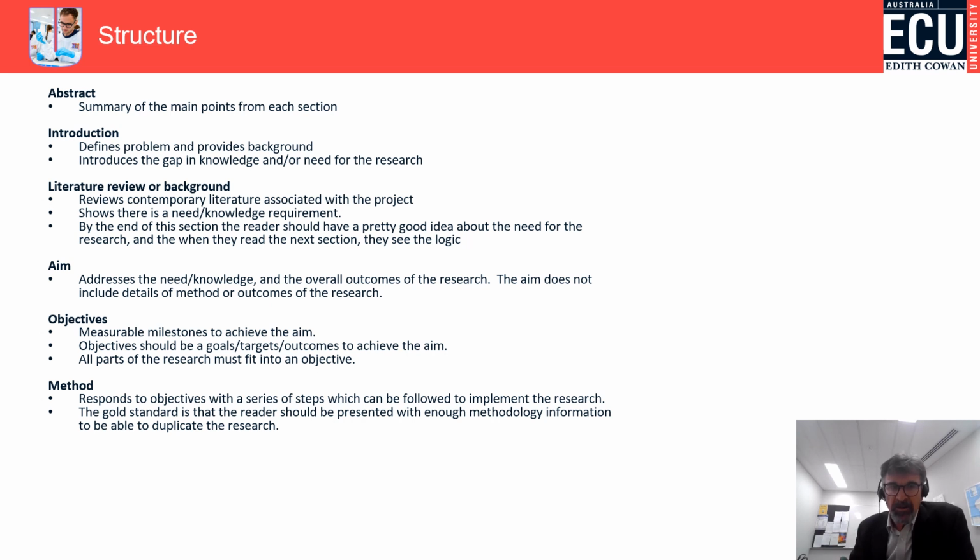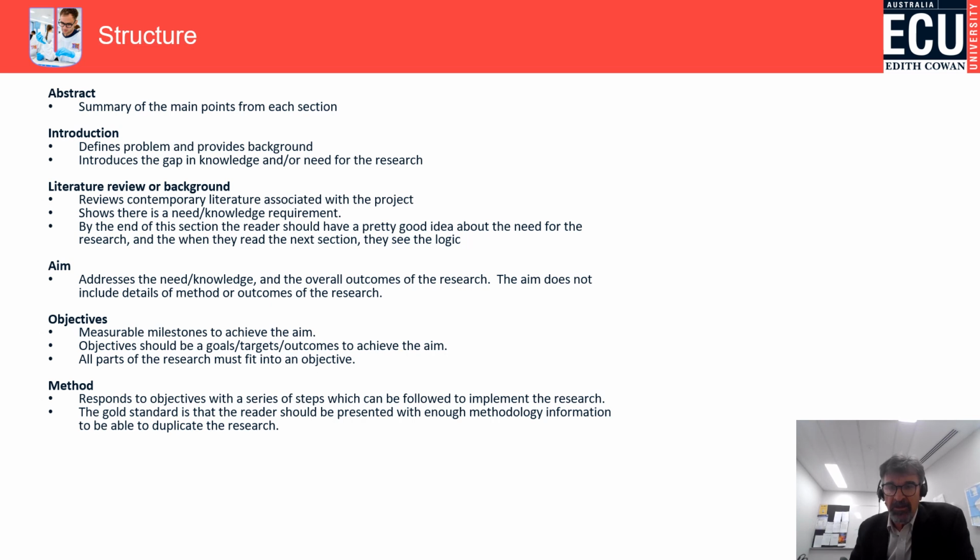Quite often, the review will also include a summary of other methodologies to show that there is a practical and realistic way of addressing the problem or the research need. So by the end of the lit review or the background, the reader's going to have a pretty good idea about the need for this research.